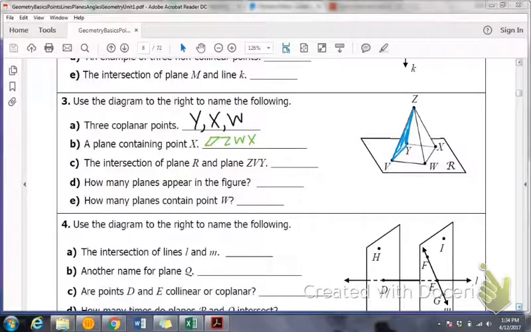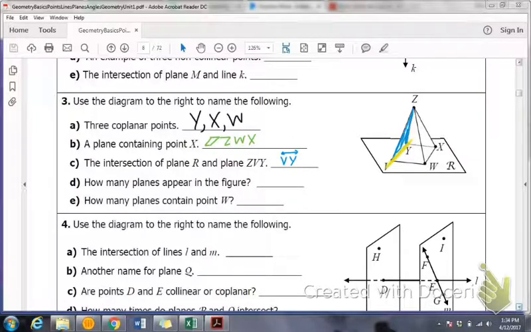Line VY. Excellent. Line VY is where it hits that plane. So when we write VY, we put our line symbol above it. If you draw the symbol, you don't need to write the word line, okay? But remember, that only works for the capital letters.